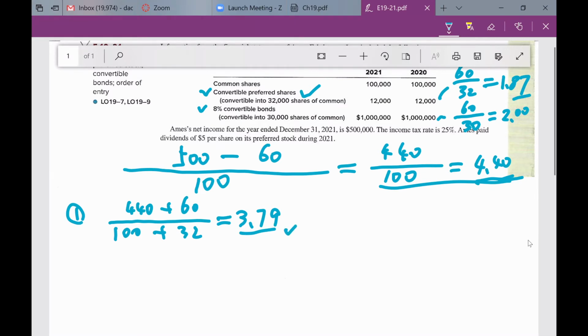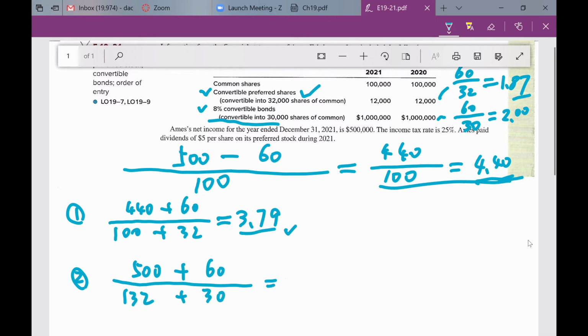Then you add step number 2. You add the second one, the convertible bonds. Now this is 500 on the top and 132 on the bottom. Then we add the convertible bonds, which is 60 and 30.